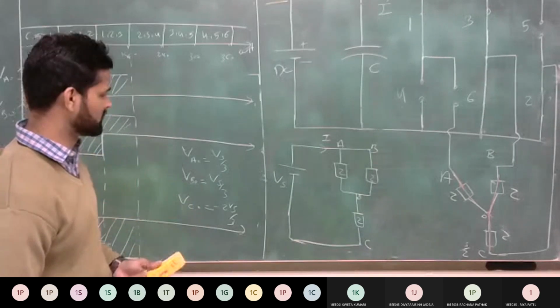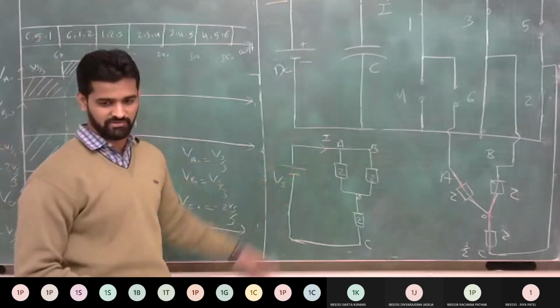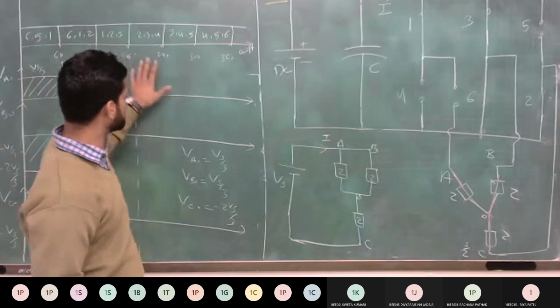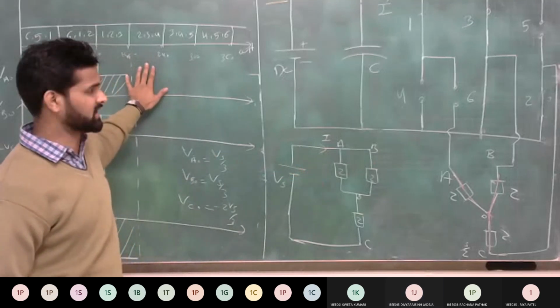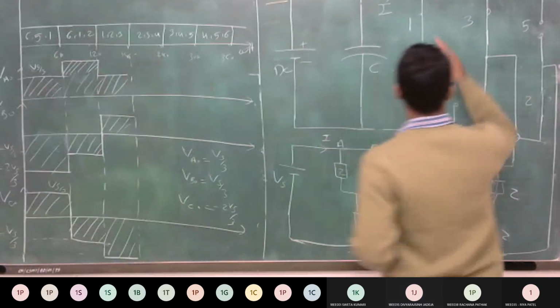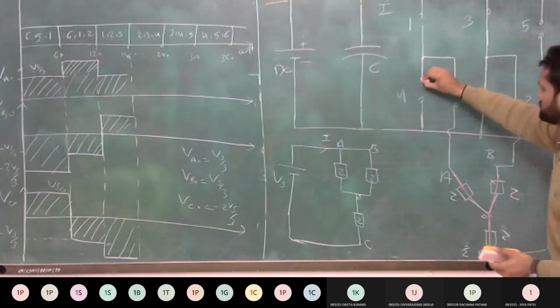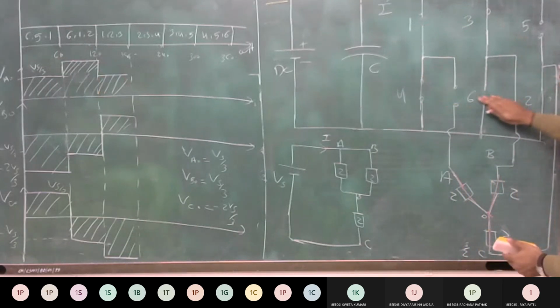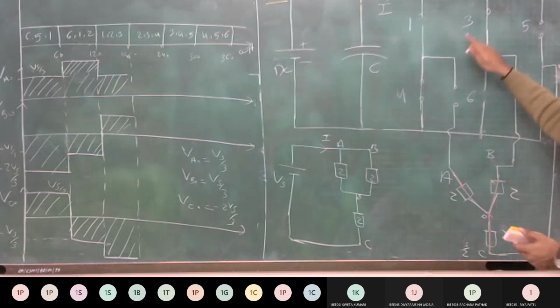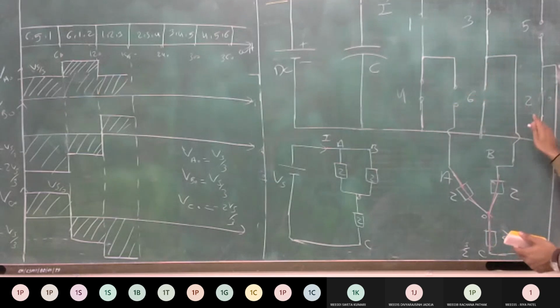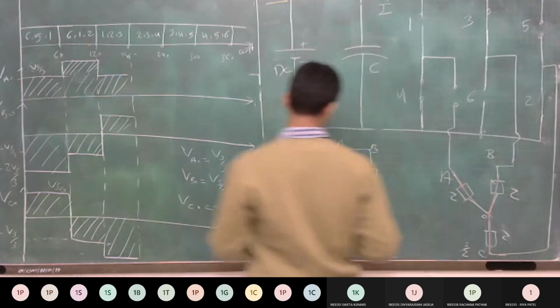VA0, VB0 and VC0. First draw the equivalent circuit. Have you drawn the equivalent circuit or not? For step number 4, 2, 3 and 4 are on. 1 is open, 3 is on and 4 is on. The rest is open. So, what is the equivalent circuit?